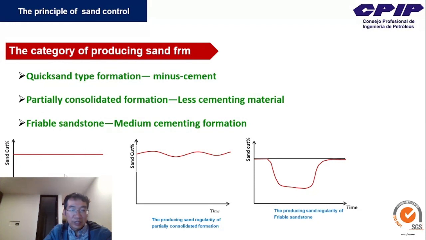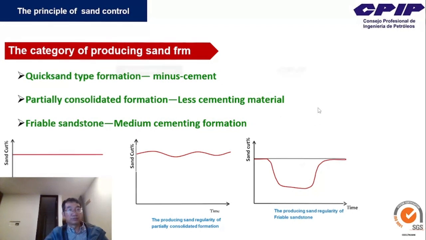In the first picture we can see the sand producing pattern of the quicksand type formation. And in the second picture we can see the sand producing pattern of the particularly consolidated formation. And the third one shows us the sand producing pattern of friable sandstone.